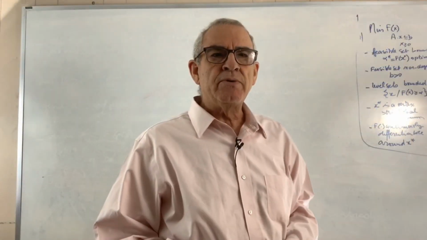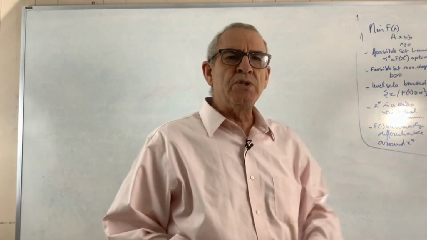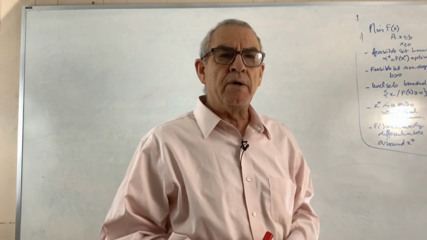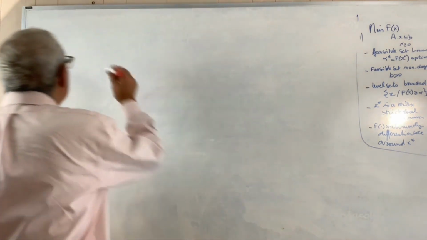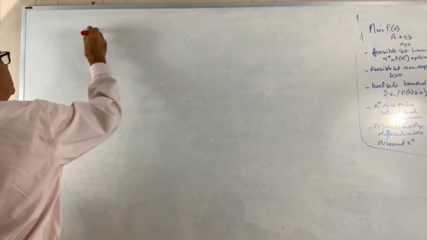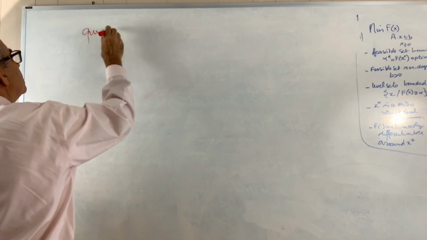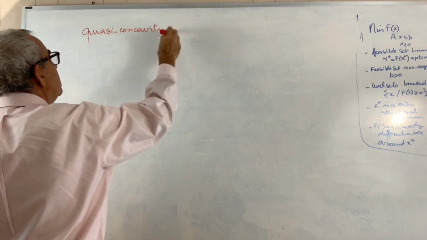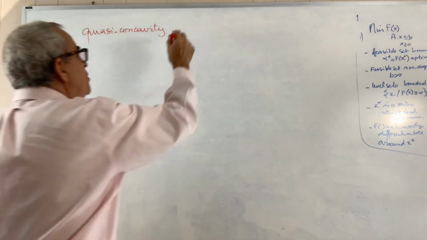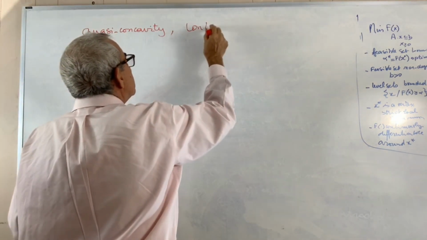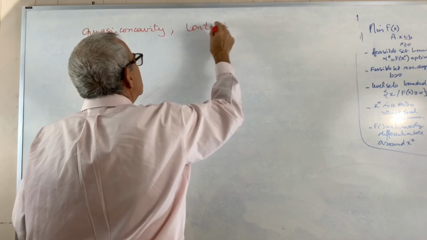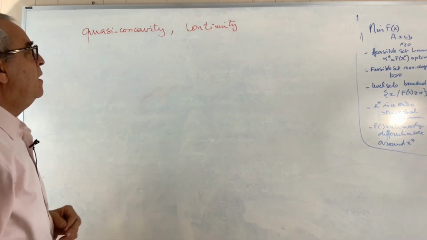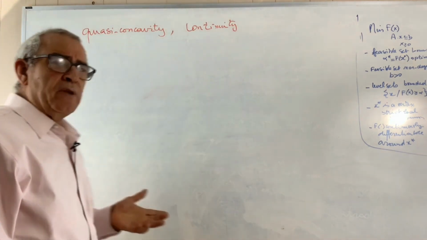Let me now summarize all these assumptions. That is, what is the largest set of problems that can be solved by this conical algorithm? First of all, we certainly need quasi-concavity, and we need continuity. That's for the infinite convergence.